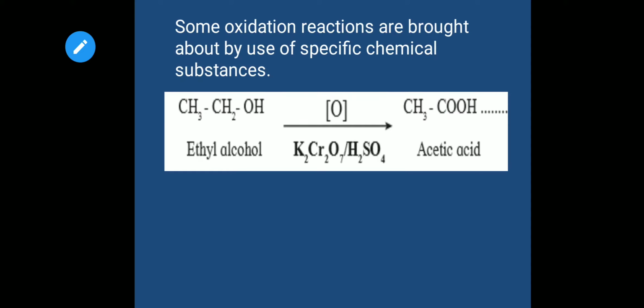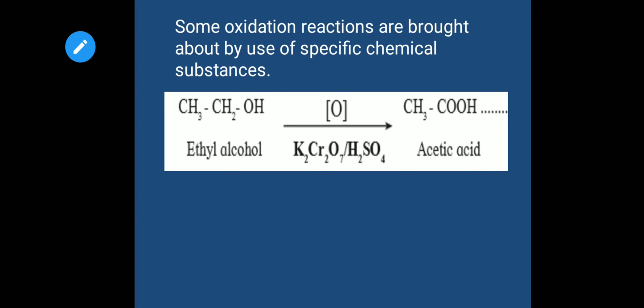Some oxidation reactions are brought about by use of specific chemical substances. Example, ethyl alcohol gives acetic acid in presence of acidic potassium dichromate.